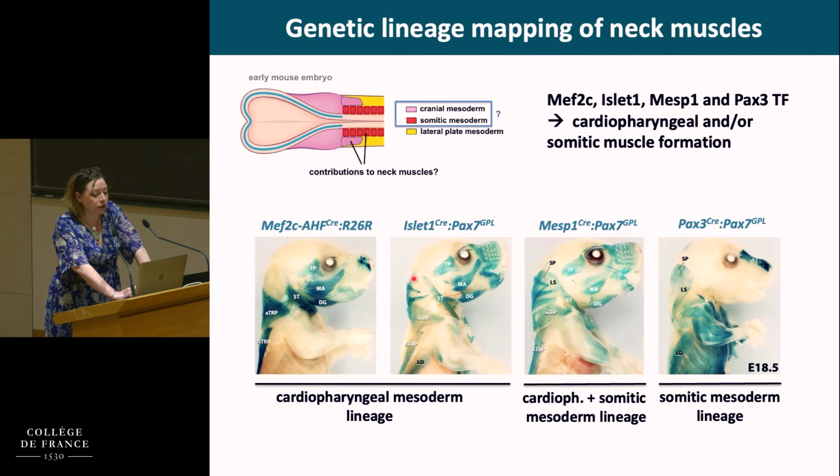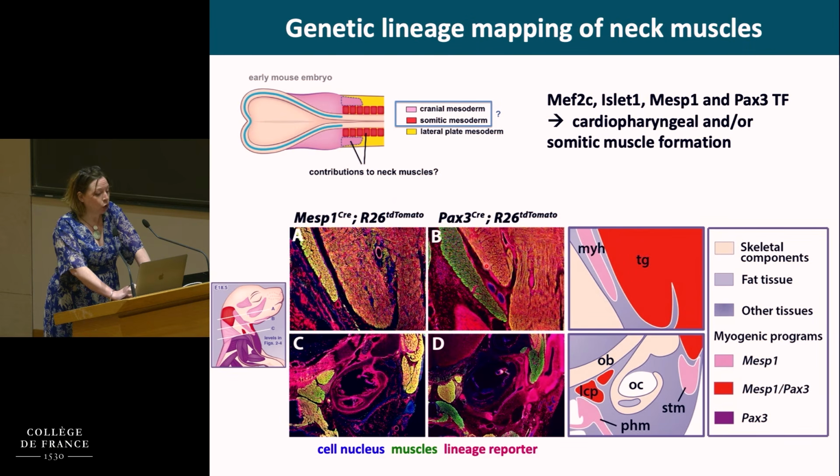Some of the results using Cre reporters are shown here perinatally. I also traced these lineages earlier during development, and also on sections to access the internal structures of the neck.